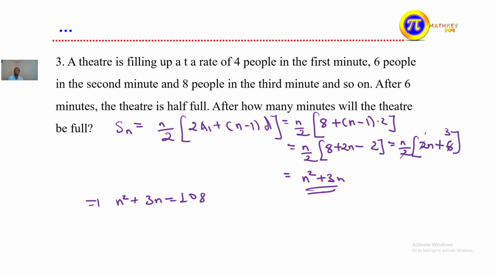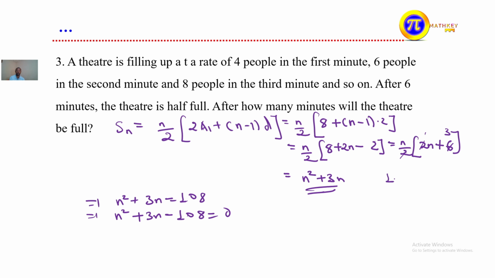So n squared plus 3n minus 108 equals 0. We try to find two numbers whose sum is 3 and whose product is negative 108, or else apply the general quadratic formula.